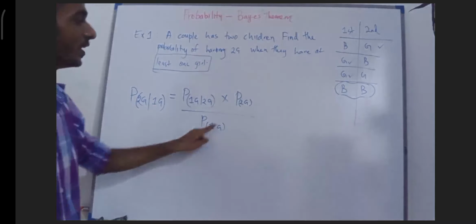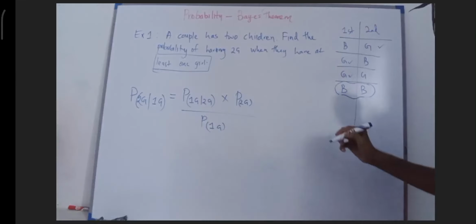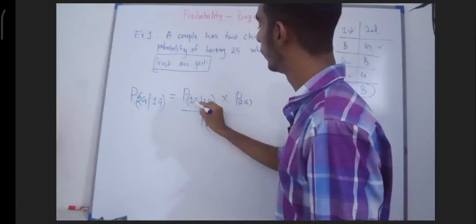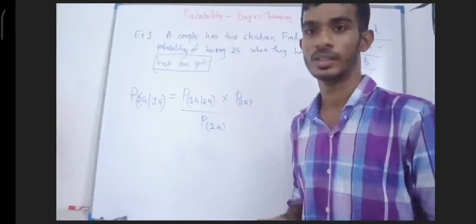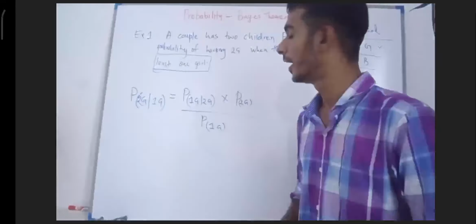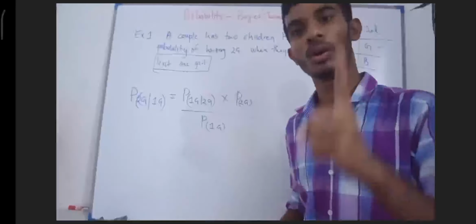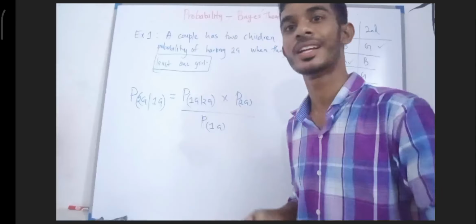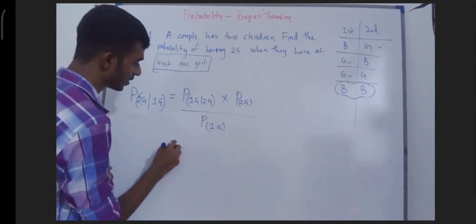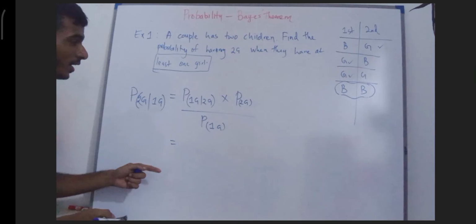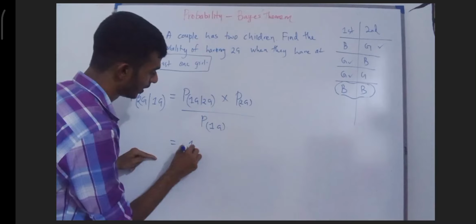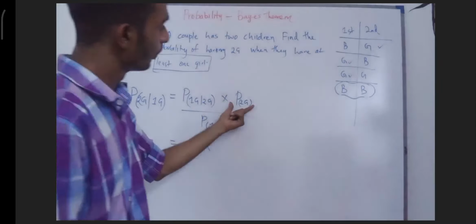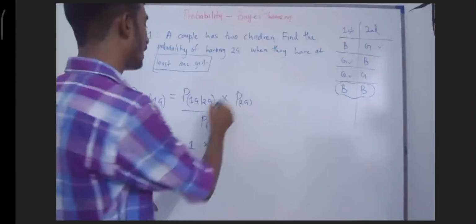These two are coming from total probability. Now tell me, what is the probability of having 1 girl when they have 2 girls? Let's say I have 2 children and both are girls. So the probability of having one girl is actually 1. You might think this is 0.5, but in this case, this is 1.